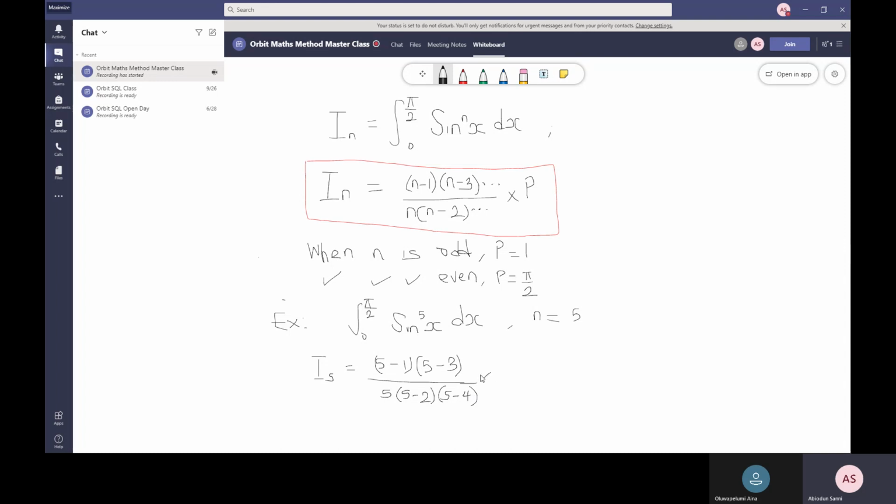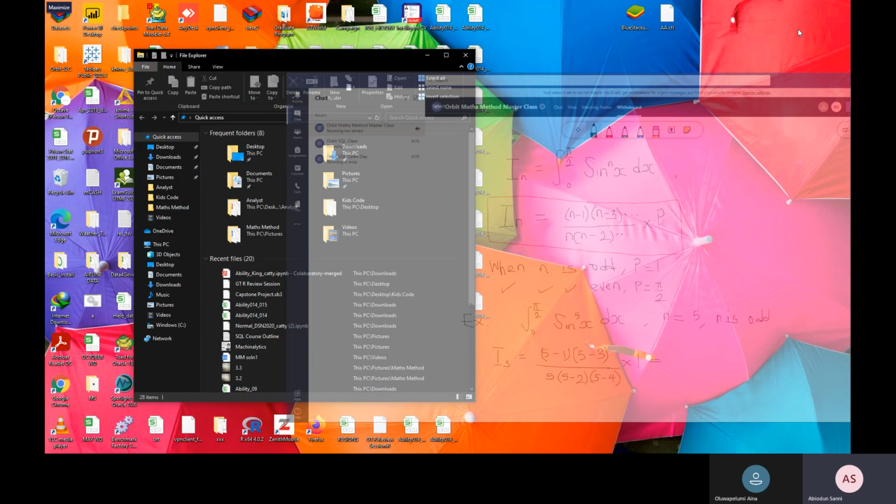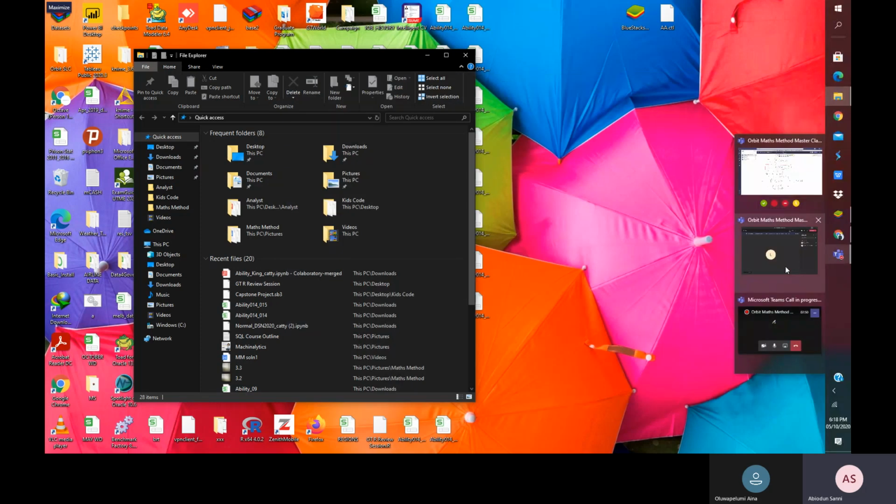Then multiply by p, and my p in this case is going to be 1 because n is odd. So this is going to give me... hold on, sorry, wait, hold on.